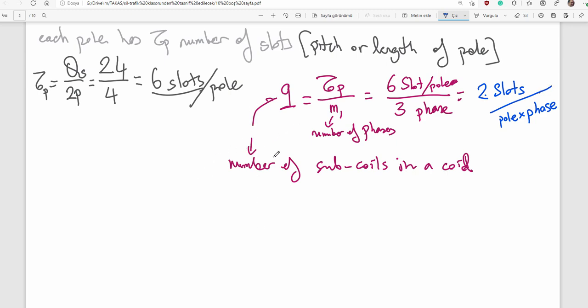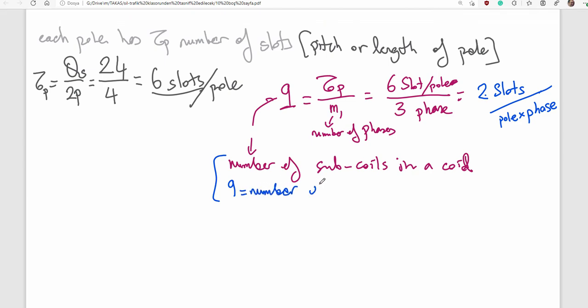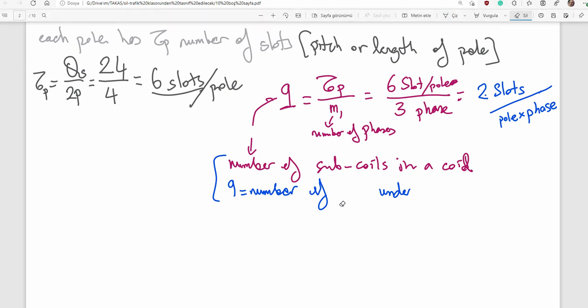Q can also be defined as the number of slots under one pole per phase.